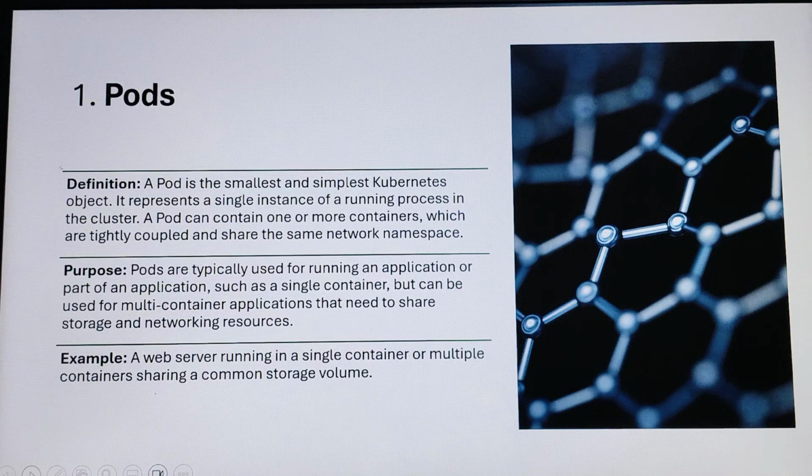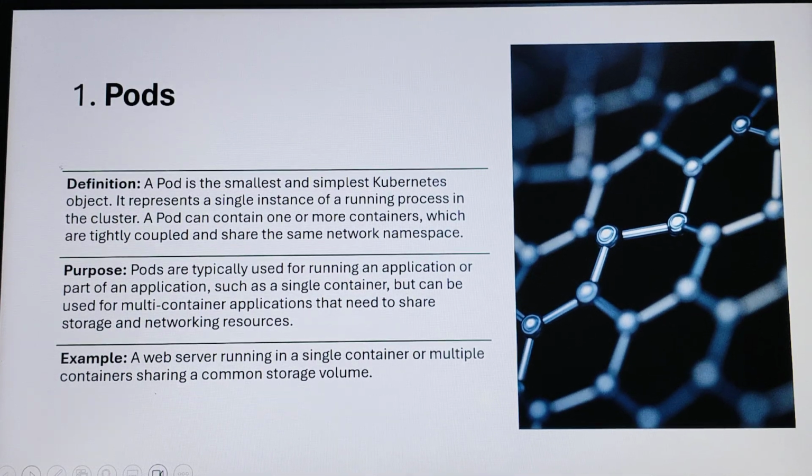All the containers in a pod share the same network namespace, meaning they can communicate with each other using localhost. Typically, you will see a pod running a single container, but you can also run multiple containers in a single pod when they need to share resources like storage or networking.